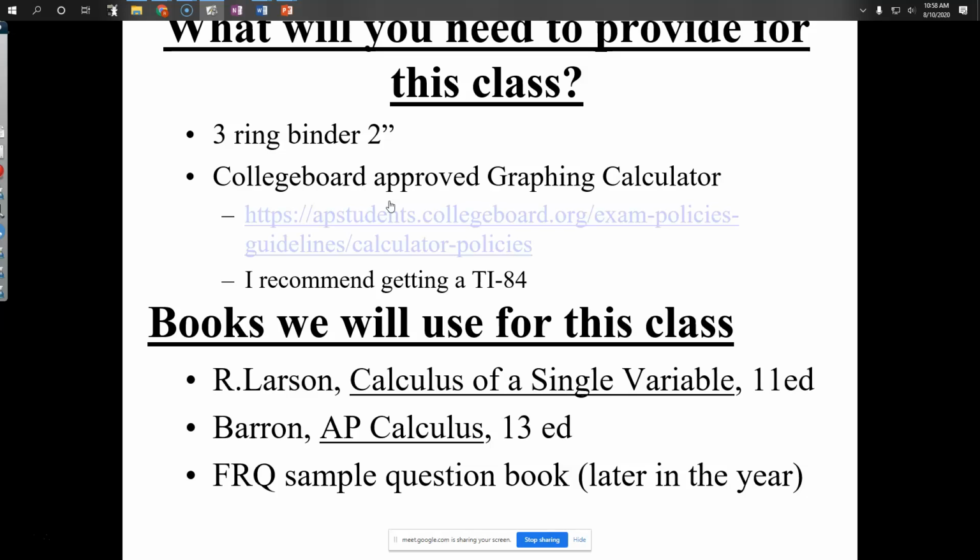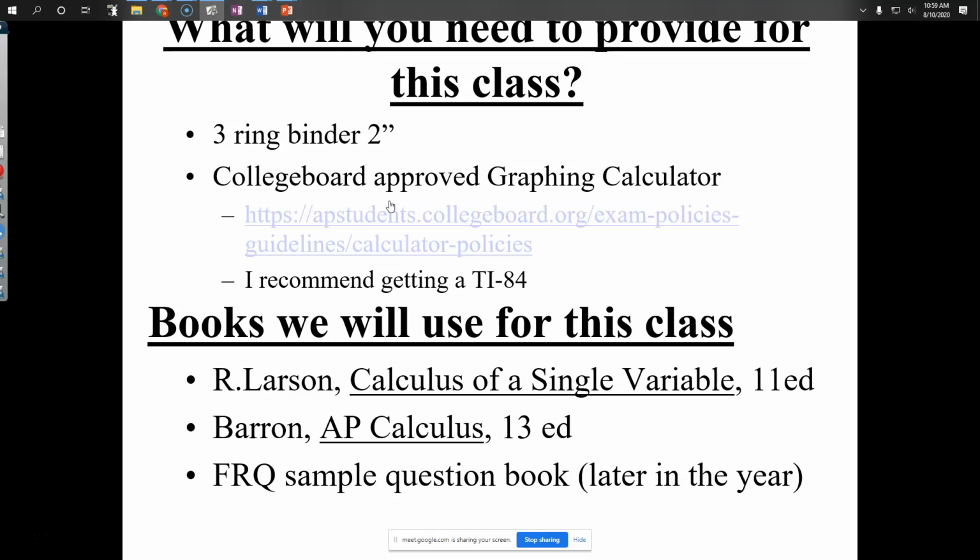Part of the AP exam actually requires you to use a graphing calculator. So if you take the test and you don't know how to use the calculator you're using, you just failed, and that would be horrible. So you really want to have your own calculator that you're using all year long, that you're very familiar with, so all your questions will be answered by the day of the test.